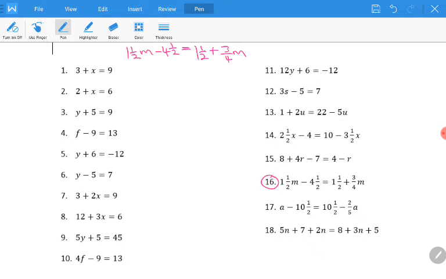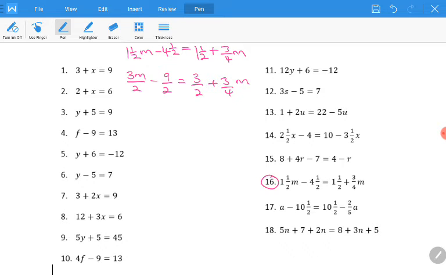Just like we did with the previous question, we first need to change the mixed numbers into improper fractions. So this is 3m over 2 minus 9/2. This is equals to 3/2 plus 3/4m.